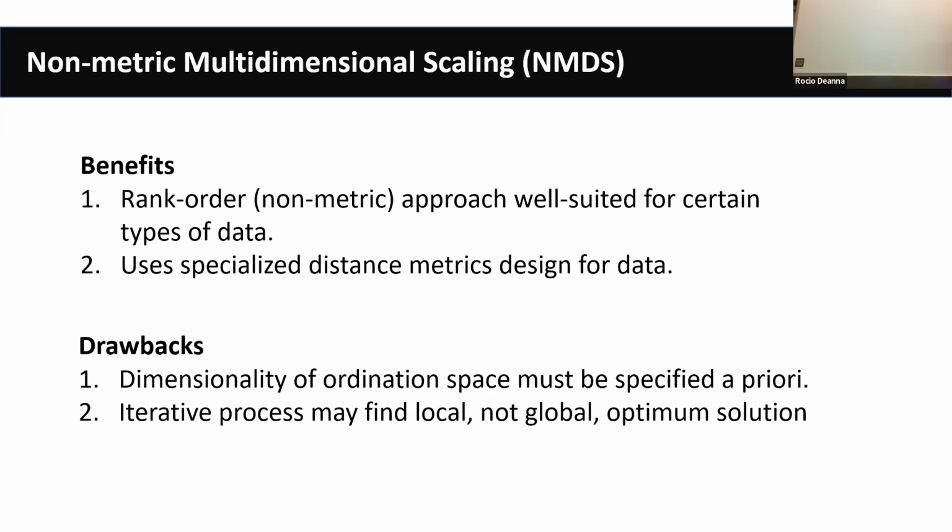And the drawbacks are that the dimensionality of the ordination space has to be specified a priori, in advance, but we can do some tests to assess which number of dimensions is best for our data. And also, another drawback is that it's an iterative process that may find a local, not global, optimum solution. But in that case, we have to run it multiple times.